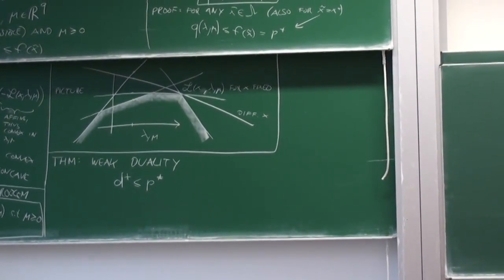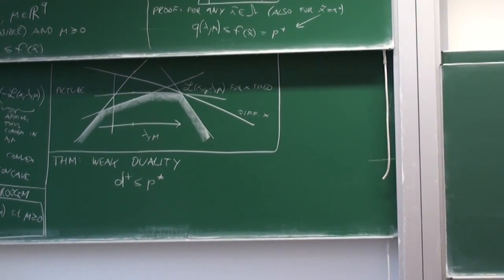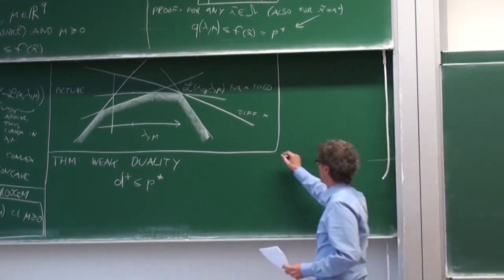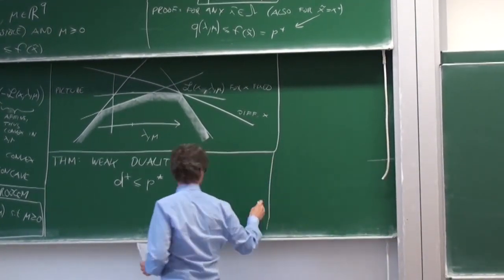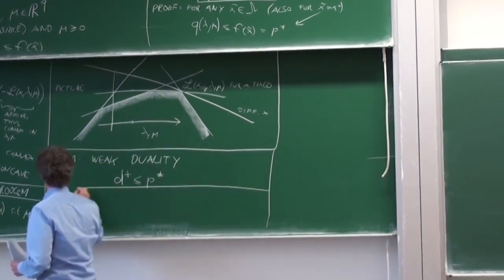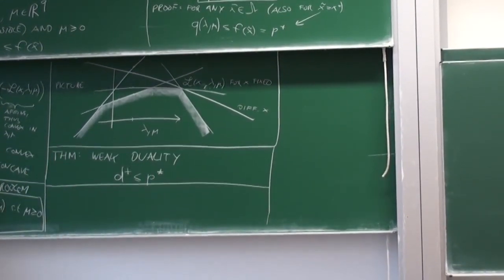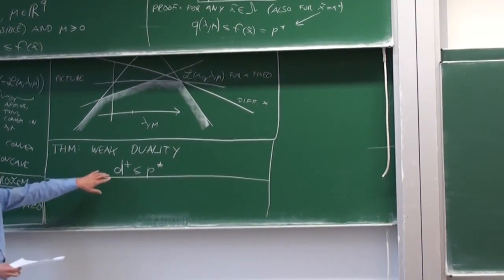And now I want to go further, and from now on I will not prove anymore, because this is not the main topic of this course, but it's still very important for you to know. This theorem is actually a stronger version of this.